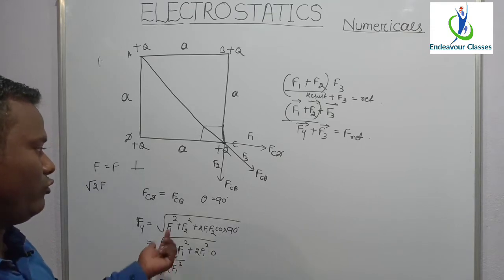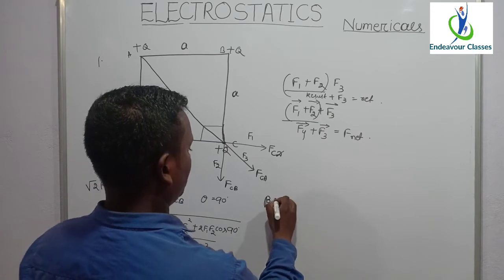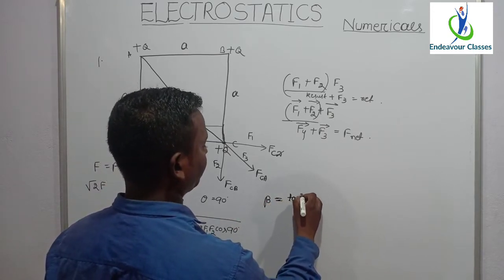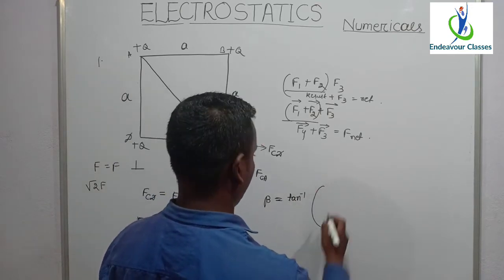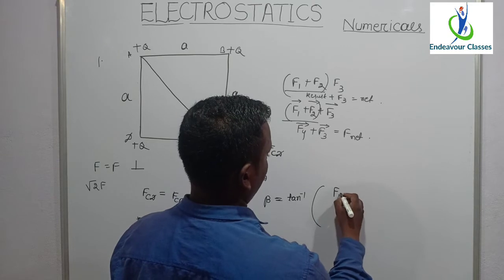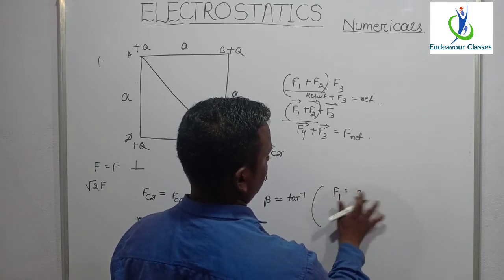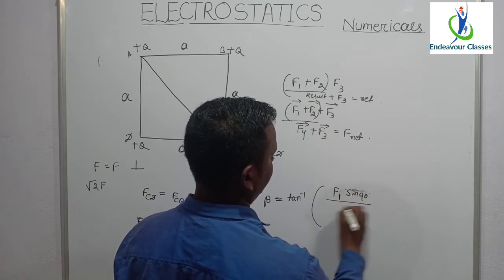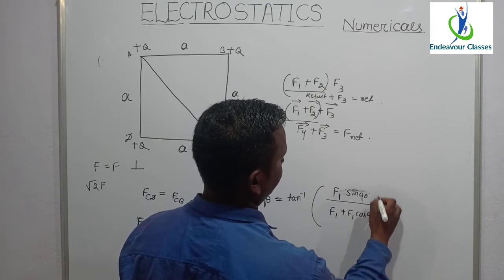So here it is root 2 F1, and the angle made by the resultant will be beta, which is equal to tan inverse of Q sin theta divided by P plus Q cos theta. So it will again be F1 sin 90 divided by F1 plus F1 cos 90 degree.